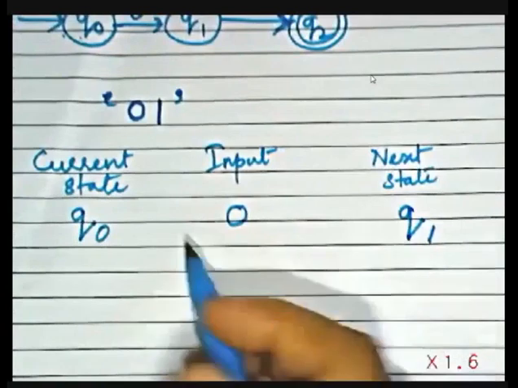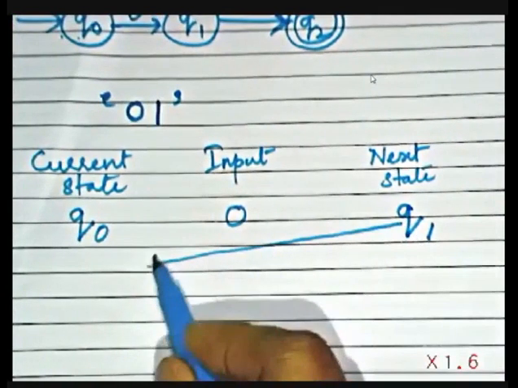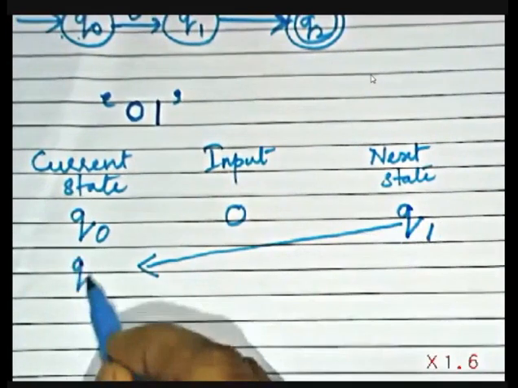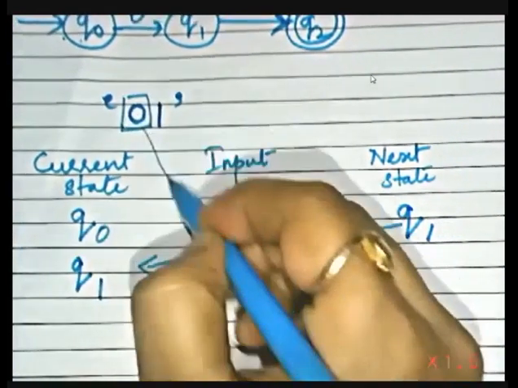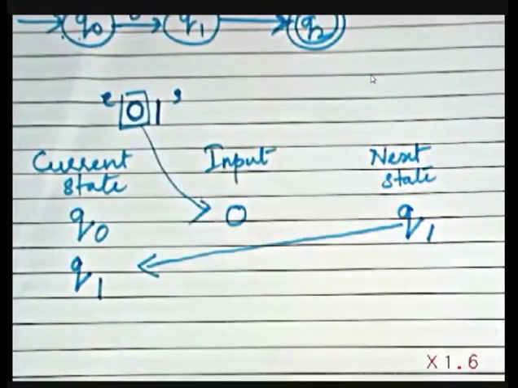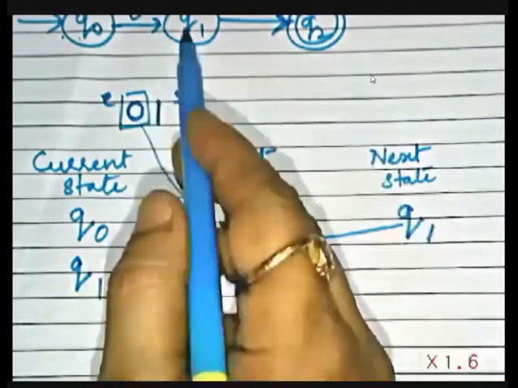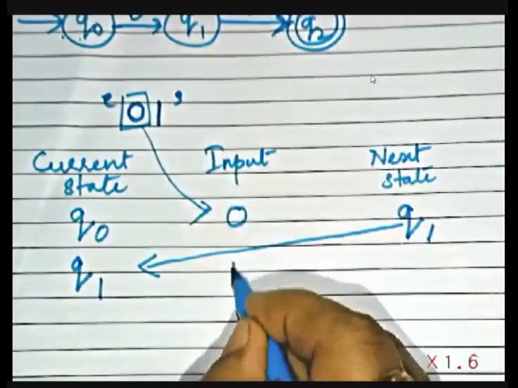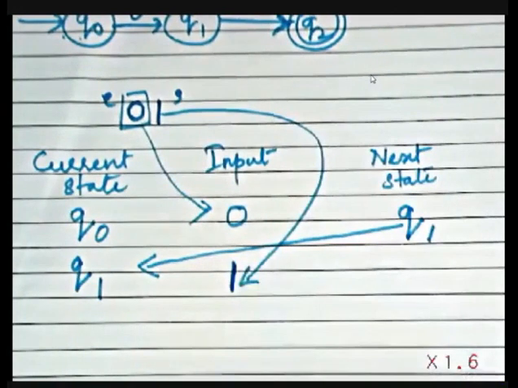Next, this Q1 is acting as my current state. So the turn of this 0 is over. Now 1 will come. So to Q1 you are giving input as 1. What will happen?